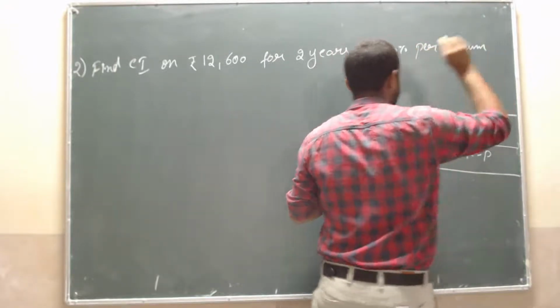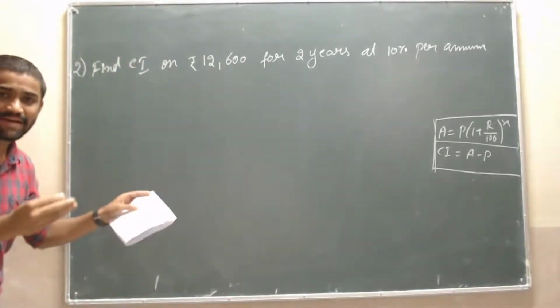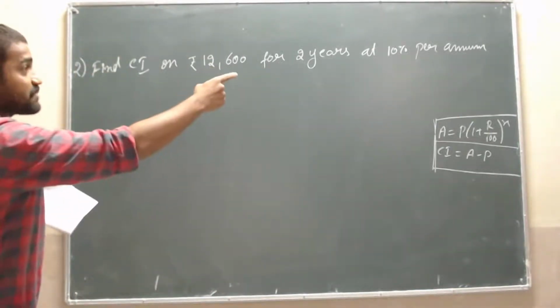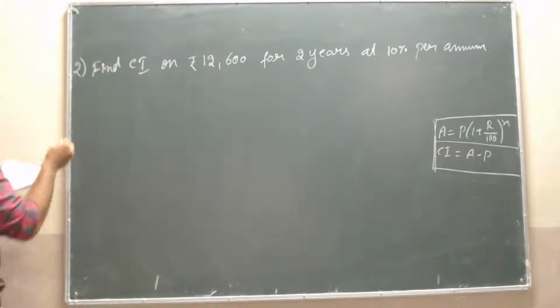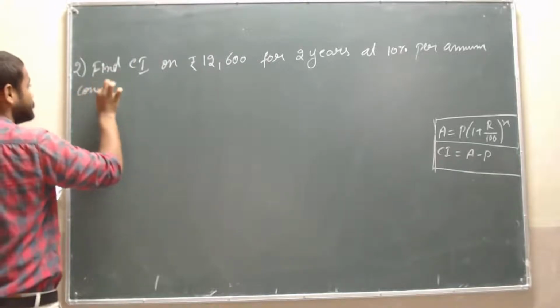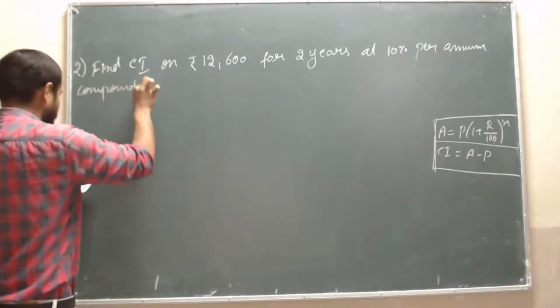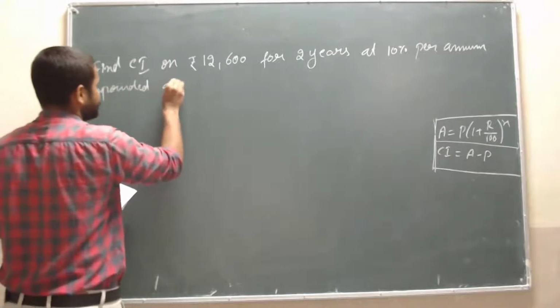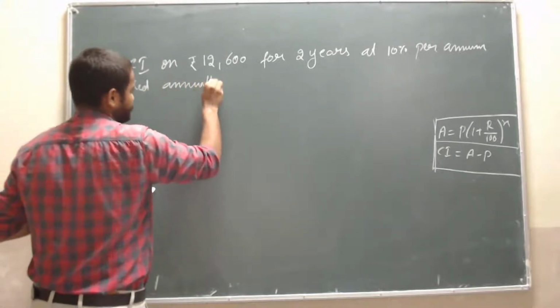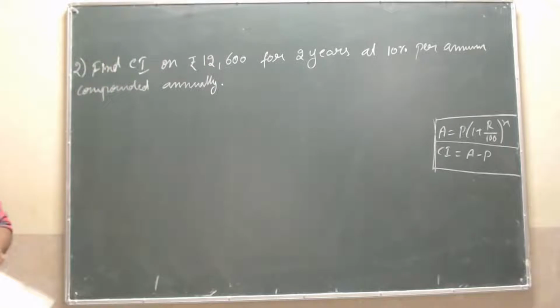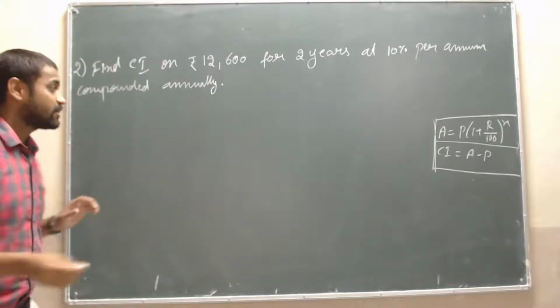Per annum means per year. 10% per year, like that. Annum compounded annually. So simple, is it? Sir, what we have to find out?